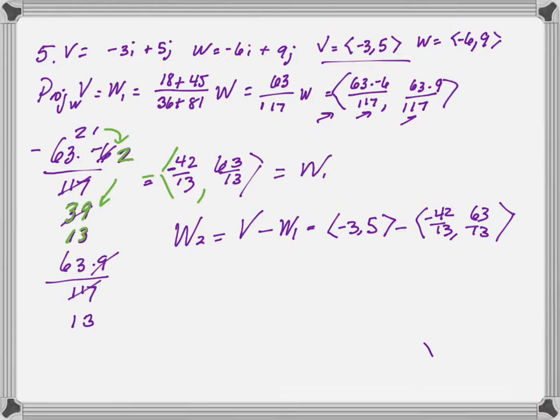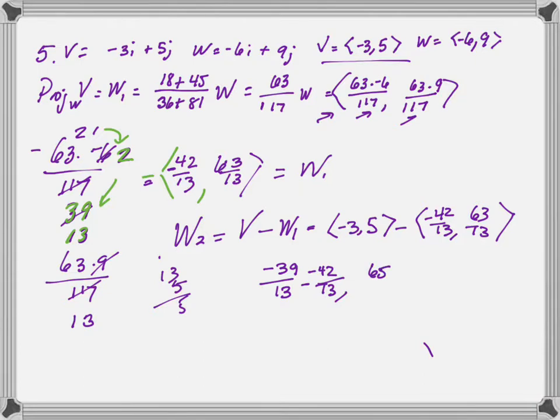So we have -39/13 minus -42/13 as our first term. And our second term would be, what's 5 times 13? I don't know. 65? Should have known that. Okay, so 65.